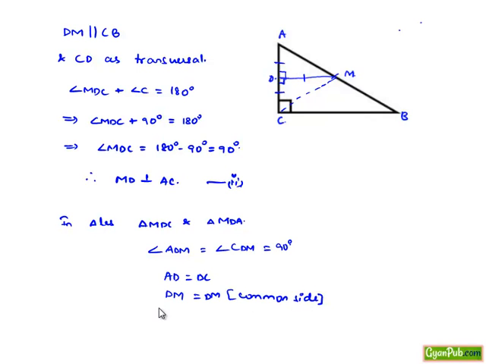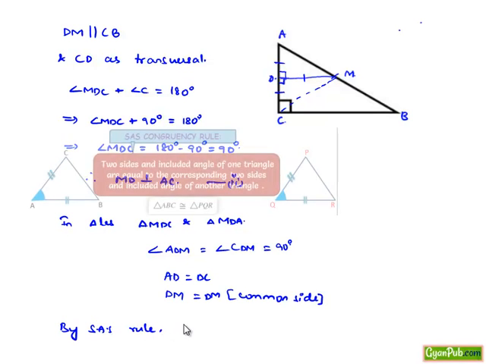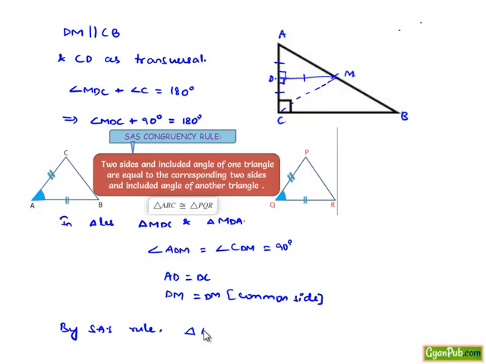Now hereby SAS rule of congruency, we can say triangle MDC is congruent to triangle MDA.